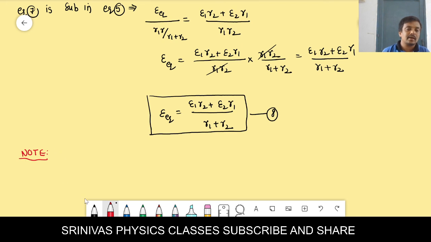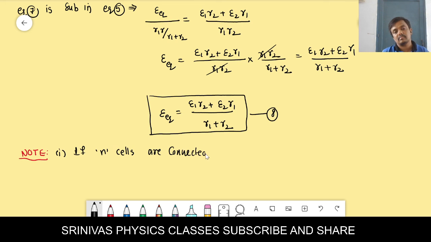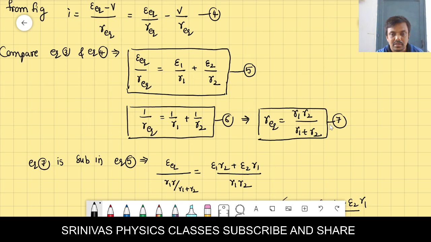Okay, and now the first point is that if n cells are connected in parallel, then what will you get? The basic formula, we can write from equation 5.